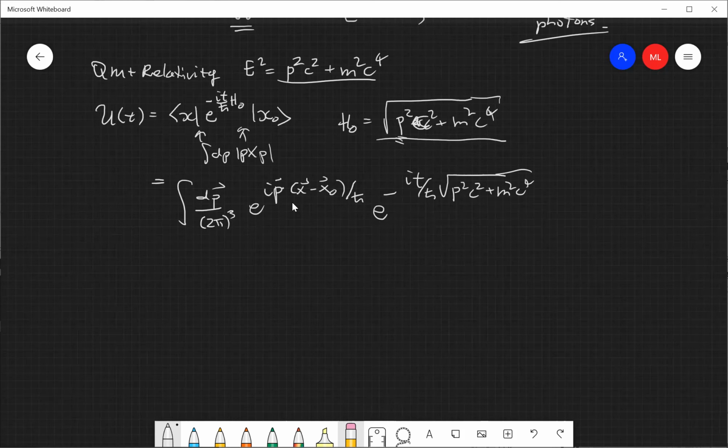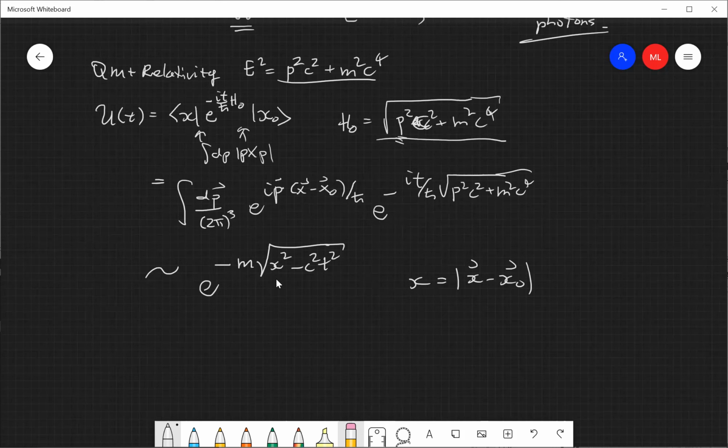It's some tedious algebra, but you find that this is at least proportional to e to the minus m times the square root of x squared minus c squared t squared, where x is the absolute value of x minus x naught. This is after you do the angular integration: you make x minus x naught point along the z-axis, do the integration over the angles of p, and then do stationary phase on the magnitude of p. You get this. But look at this.